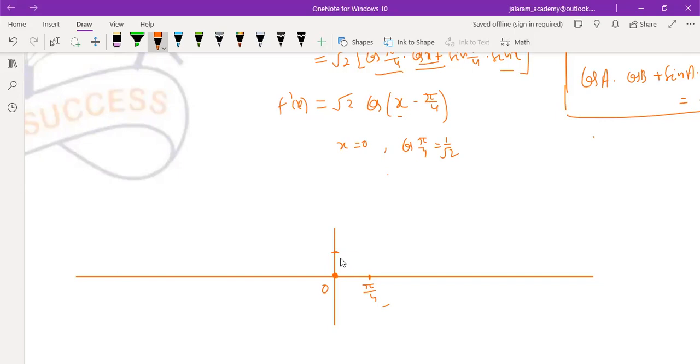Root 2 is greater than 1, na? Yes, sir. So this is the value. And then at pi by 2, 1, since pi by 2 minus pi by 4 is pi by 4. So it is 1 again. Is that clear to you?